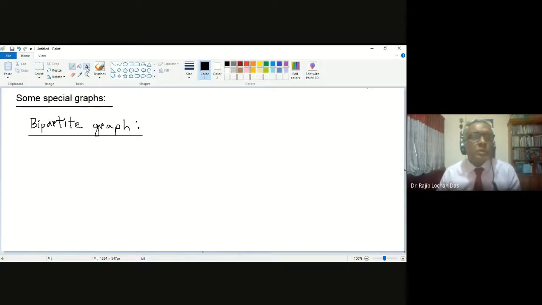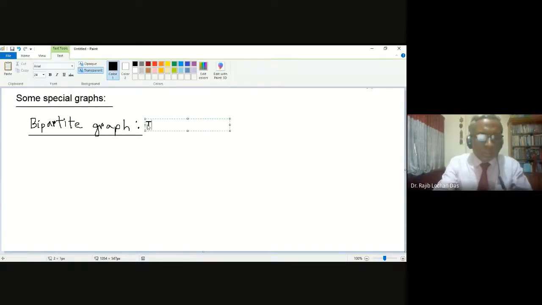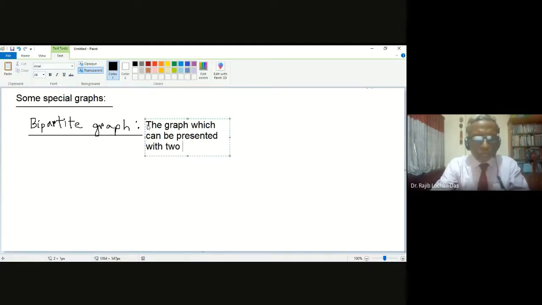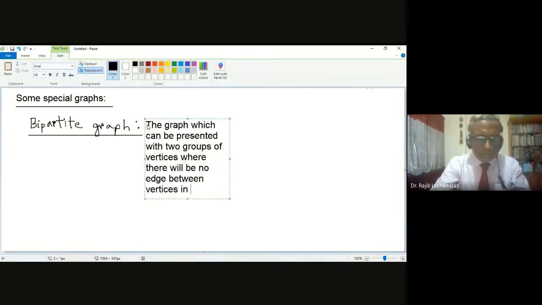So it is actually a graph which can be presented with two groups of vertices where there will be no edge between vertices in the same group.